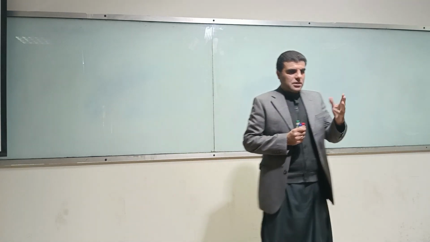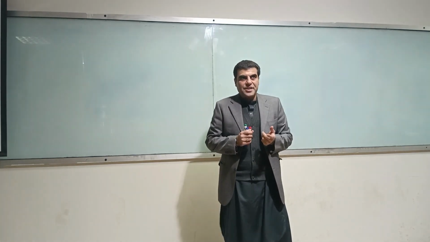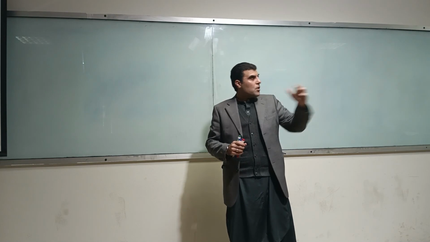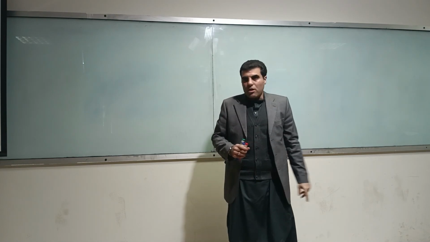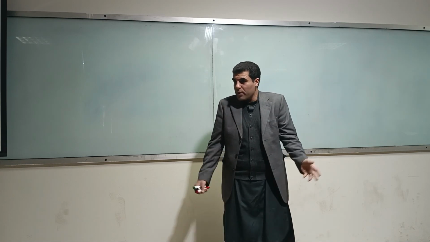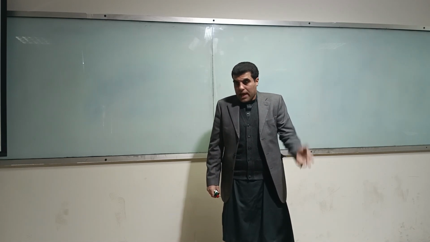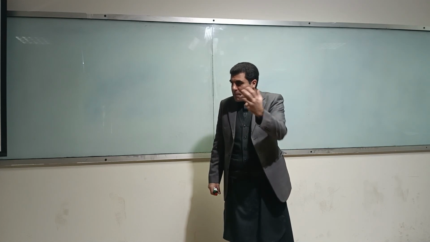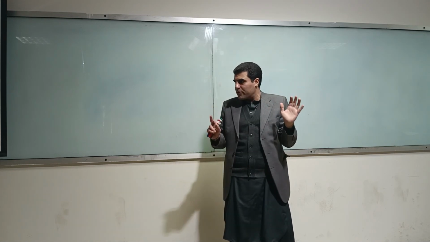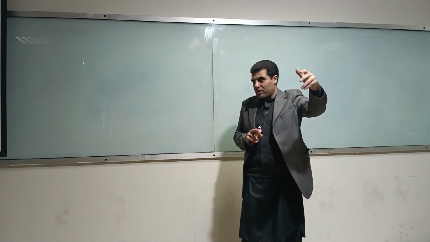So for example, I give you another example of the same slab. If I remove one of the walls of this room, completely removed, what will happen? The applied load from the top would then be taken by the three walls, because we have removed one of the walls.